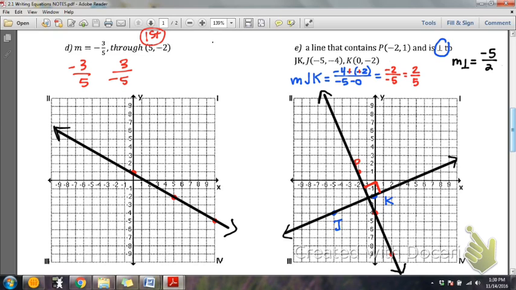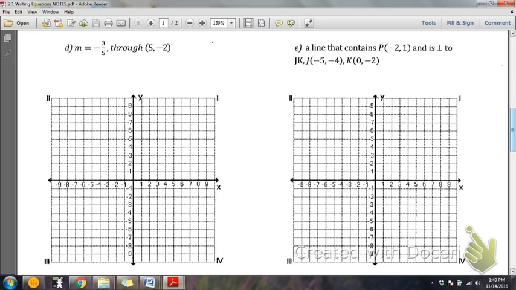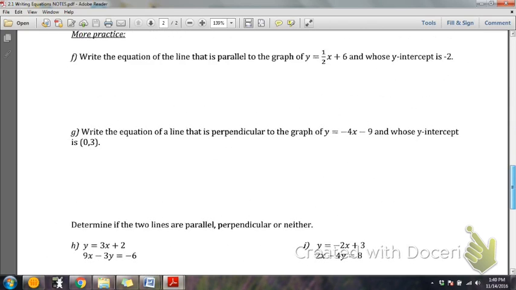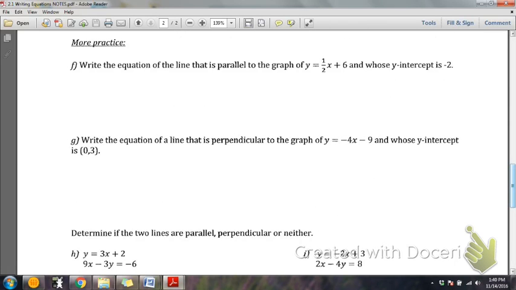Okay, now this is where it's going to sound very familiar as far as Algebra 1A was concerned. So let's look at the back page. It says, write an equation of a line, stop. That was really for everyone. Anytime you see it say, write an equation of a line, I want you to stop.